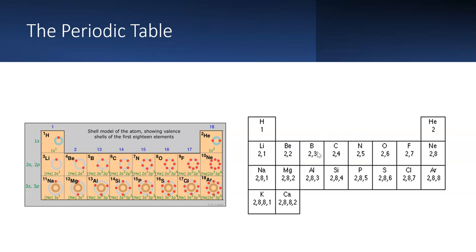So we've skipped up to group 13 here, and we've got 3 electrons in the outer shell. We've got group 14 where we've got 4 electrons in the outer shell, and group 15 with 5 electrons in the outer shell, and so on.